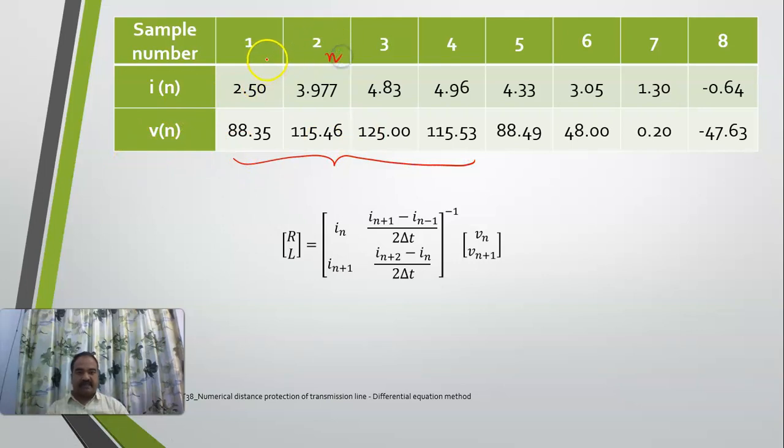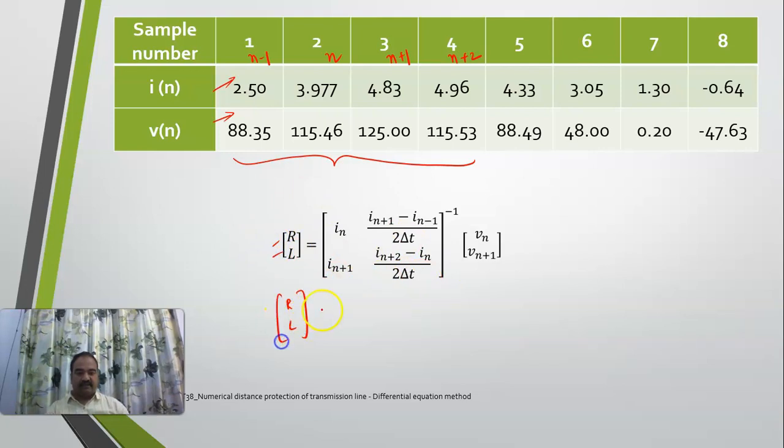I'll take this as n, this will become n minus 1, this will become n plus 1, and this will become n plus 2. These represent the current samples, and these refer to the voltage samples. Now to obtain the impedance, I will utilize this particular equation.